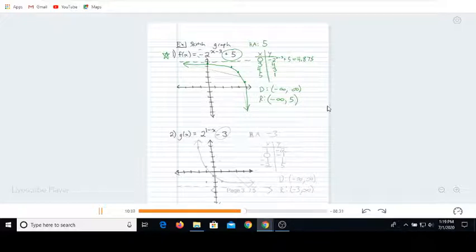So here we have a horizontal asymptote at -3, and let's go ahead and get some points down. Now I'll start picking x value 1, so that way I avoid negatives in the exponent. 1 minus 1 is 0. Anything raised to 0 power is 1, and 1 minus 3 is -2. Again, feel free to type these into your calculator if need be.